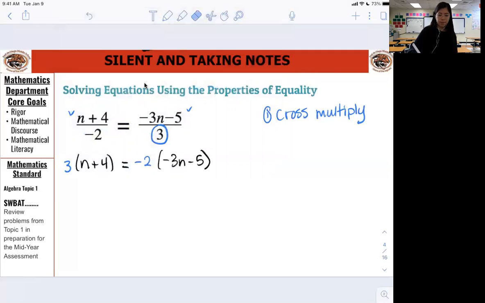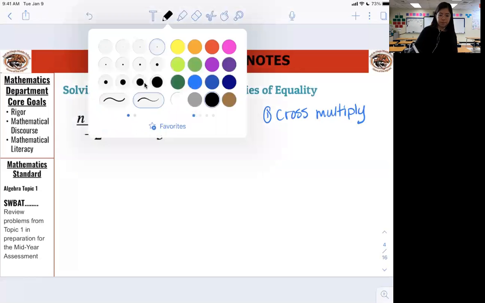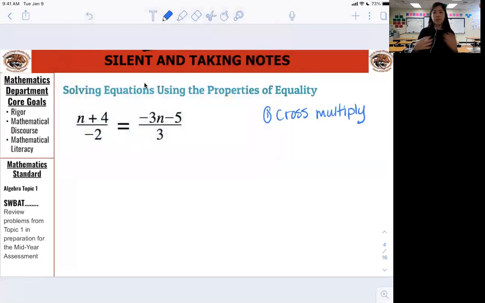So here's why. I'm gonna take a step back. Give me a moment. And I just want you guys to watch what I'm doing. Cross multiplication skips a couple of steps. It's like a quick way of doing something that actually takes a little bit longer.